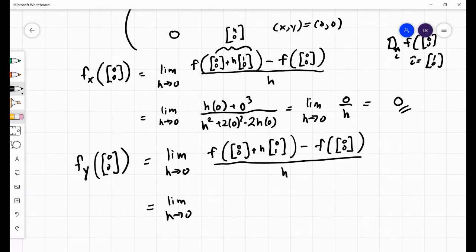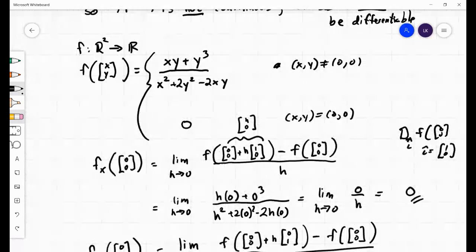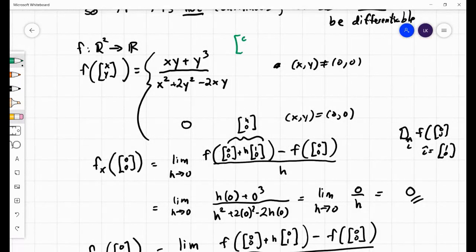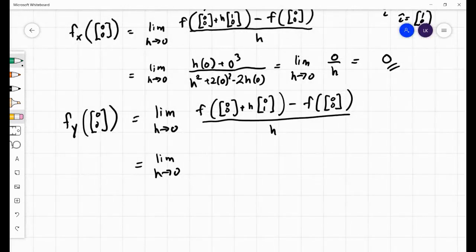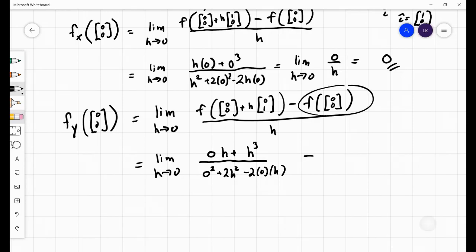Going back to the definition of our function, we're going to evaluate this at (0, h), so I'll plug that in. x is 0, y is h. Then my function at the origin, which is defined to be 0.